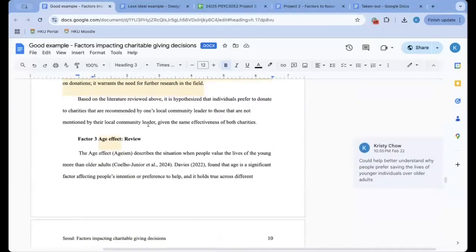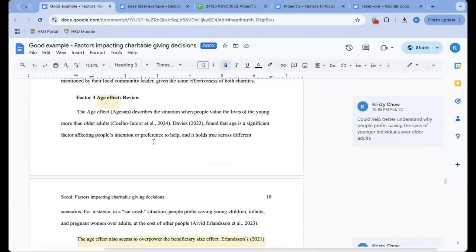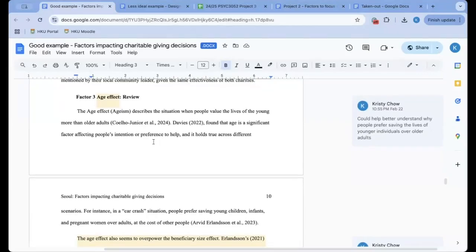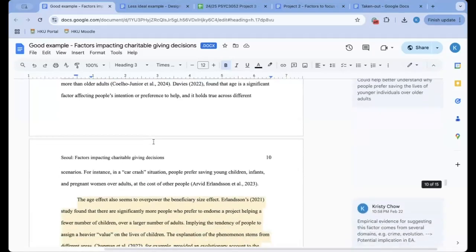On to factor 3, age effect. They followed a similar structure to the previous 2 factors. If you remember, for this factor, they proposed 3 hypotheses, and in their background/introduction for this factor, they make it clear as to why 3 factors are proposed.